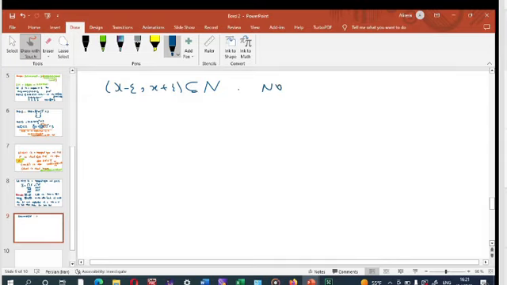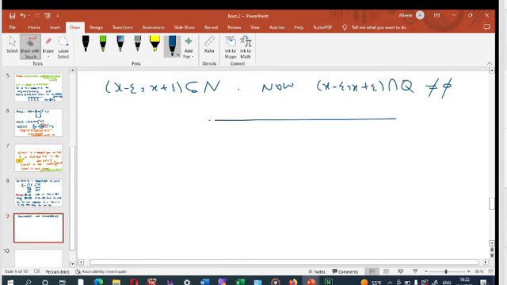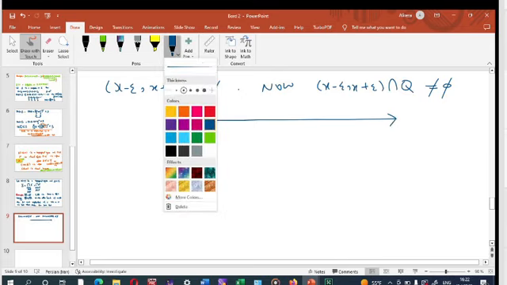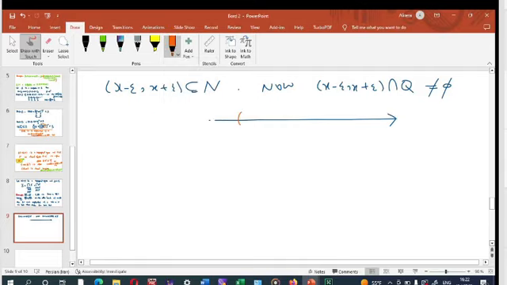Now we know that this interval intersected with Q is a non-empty set, because between any two real numbers there are infinitely many rational numbers.